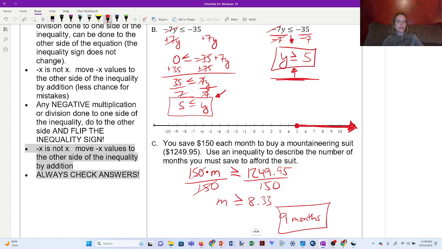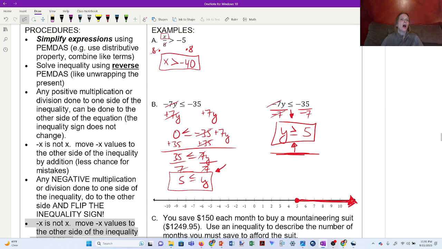Once again, let's have a look at our procedures for solving these inequalities. Any positive multiplication or division done to one side can be done to the other side, and the inequality stays the same. The sign stays in the same orientation. If you do any negative multiplication or division to both sides of the inequality, you have to flip the inequality sign.